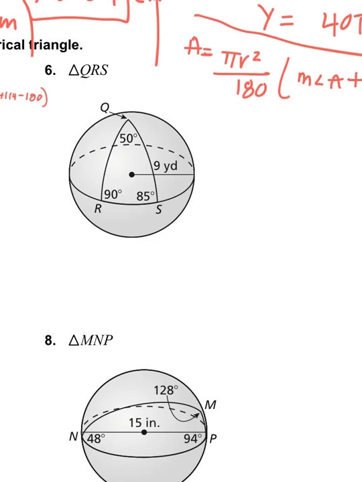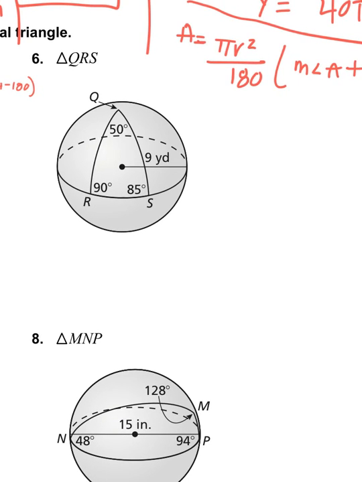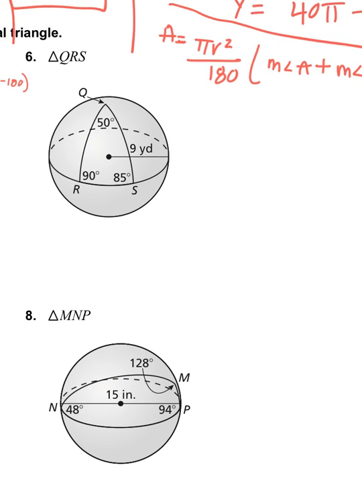Okay, let's do this next one. So again, we're given that the radius is 9, and then we're given the 3 angles for the spherical triangle. So area equals pi times my radius, which is 9 squared, over 180 times the sum of my three angles.